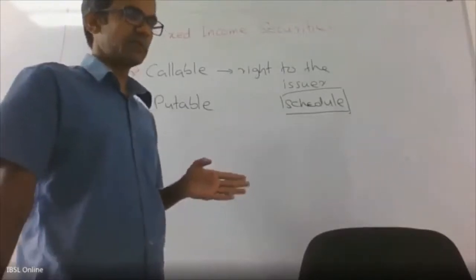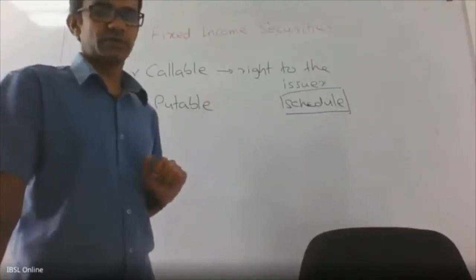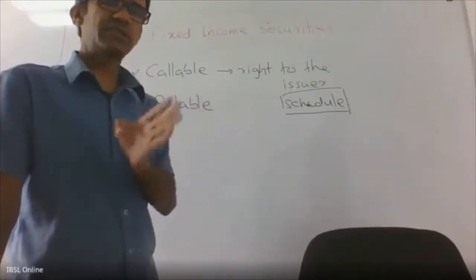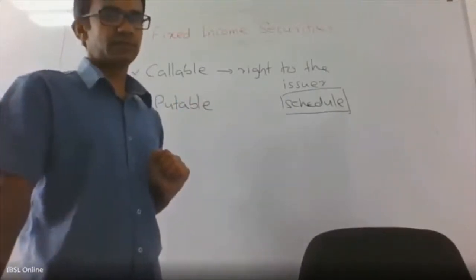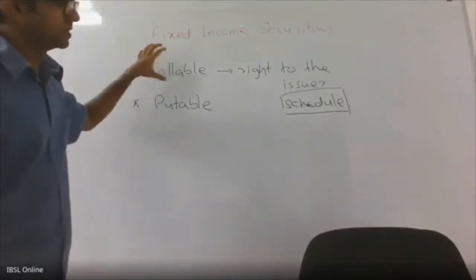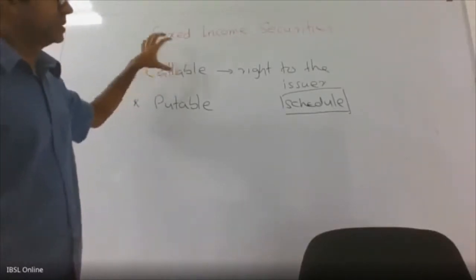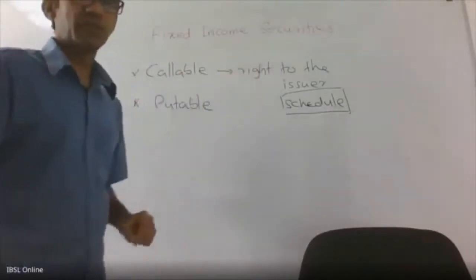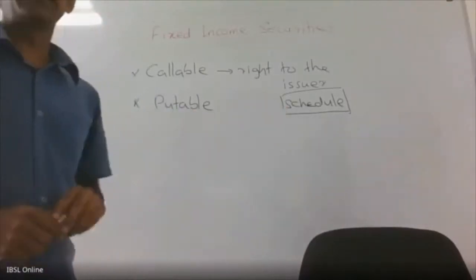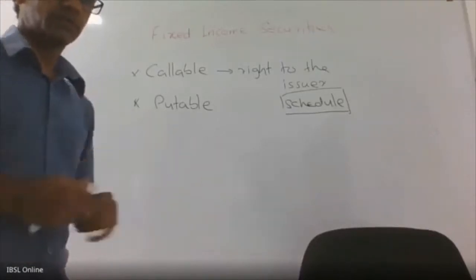It may specify after 2 years, anytime the issuer can call the bond, or it may say after 2 years, only on these days the issuer can call the bond. Whatever it is, in a callable bond, just know this fact, that would be enough for you. The issuer has the right to redeem the bond before the maturity according to a pre-agreed schedule. It may be a partial recall or maybe a full recall.